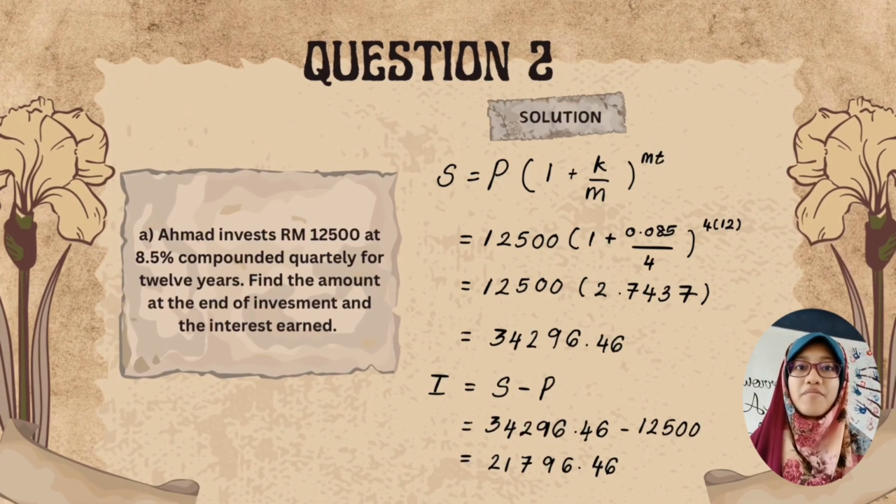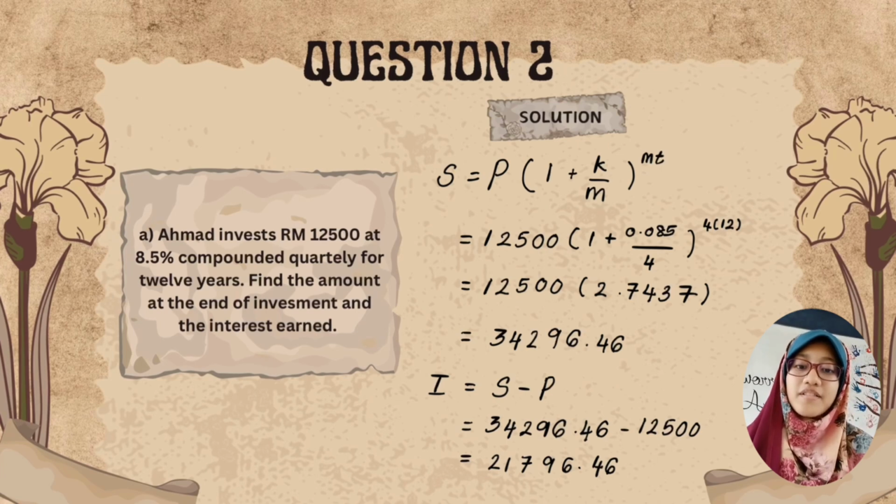For question 2A, we need to find the accumulated amount at the end of investment and the interest earned. The formula we will use is S equal to P bracket 1 plus i power of n. S equal to 12,500 bracket 1 plus 0.085 divided by 4 power of 48. So the accumulated amount is 34,296.46.